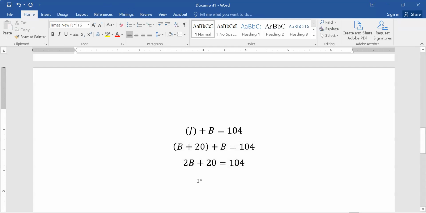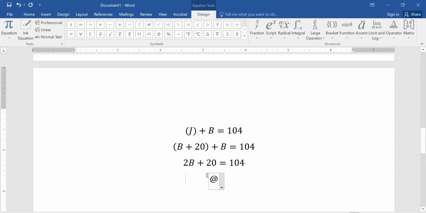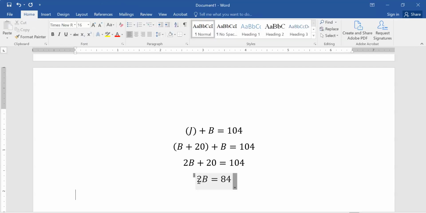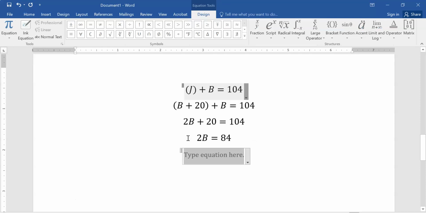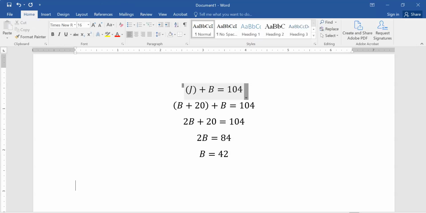Subtract 20 from both sides. We end up with 2B is equal to 84. And then divide both sides by 2. You end up with B is equal to 42. So what that means is that Bob would have sold 42 tickets.